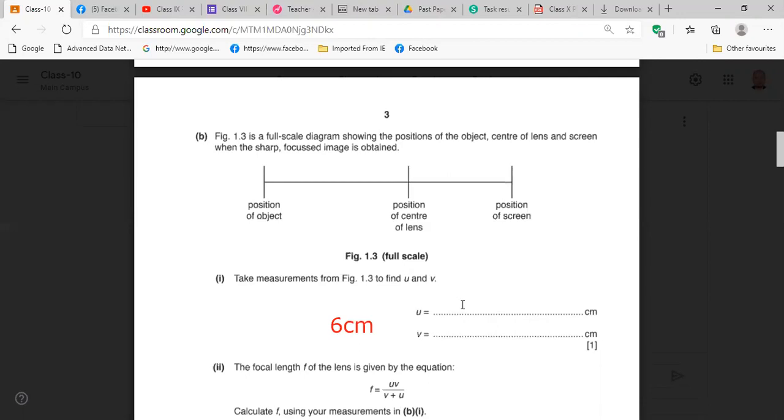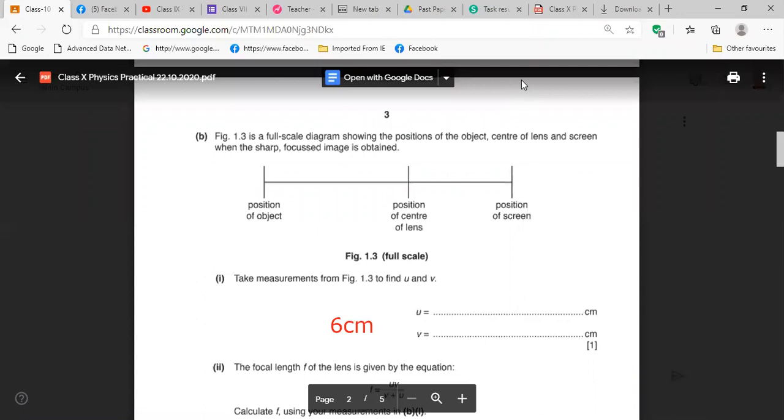Yeah, beside you, it writes 6.0. Okay, I'll write outside, sir. Okay, no problem. Write u equals, then 6.0 centimeter. That is a good idea. Thanks for your good idea. I'll erase.